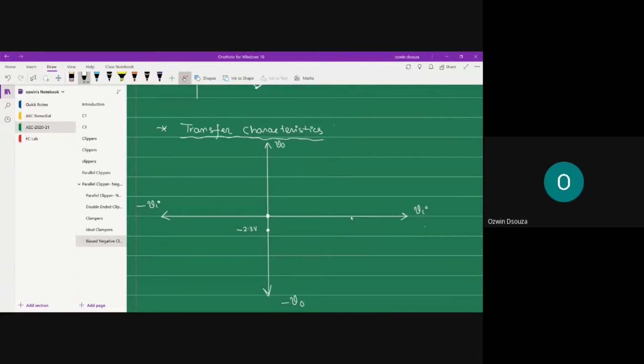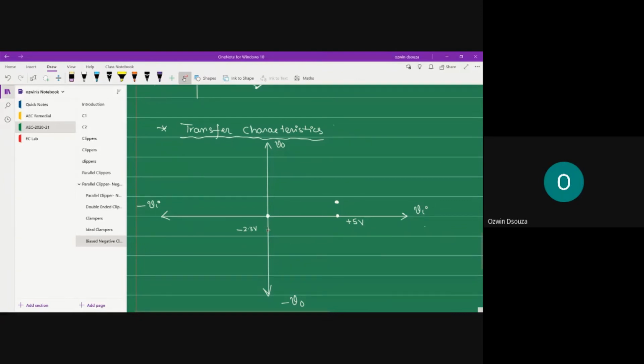And when your input attains plus 5 volt value, your output will be at what value? Plus 2.7 volt value. So plus 2.7 will be somewhere here.